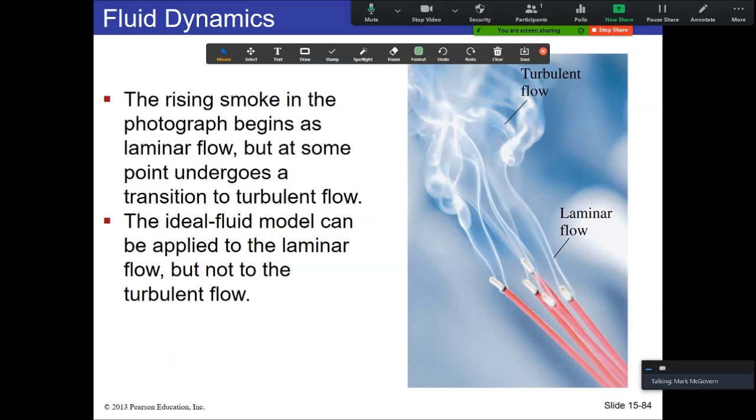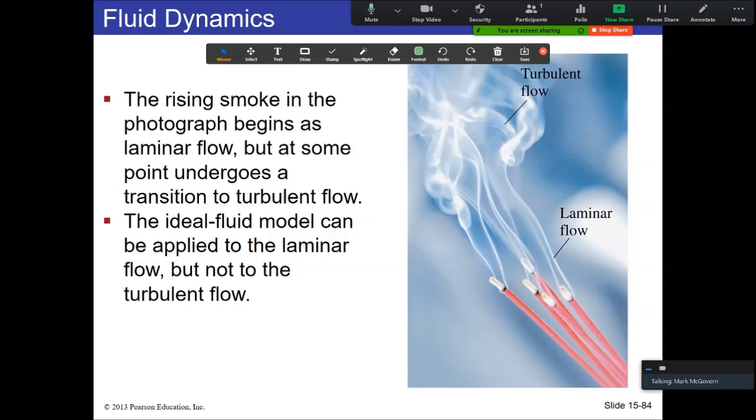Laminar flow is very smooth and very even, and turbulent flow is exactly that. And what's happened in the picture here is as soon as the smoke comes off of these sticks, it's very warm, and much warmer than the surrounding air. And so there isn't a lot of interaction that takes place when things are very different in temperature, and you end up having what we call this laminar flow.